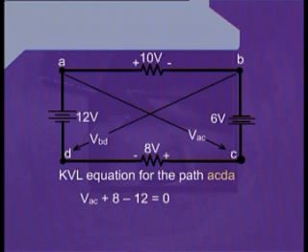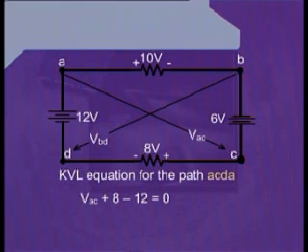Therefore, we can write plus VAC. We go through this imaginary circuit element and reach the point C. Now, because we have already decided to follow the path A, C, D, and A, when we reach the point C, we will be looking towards the point D.